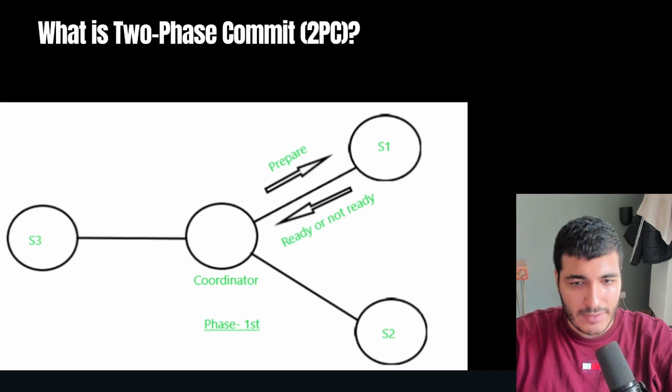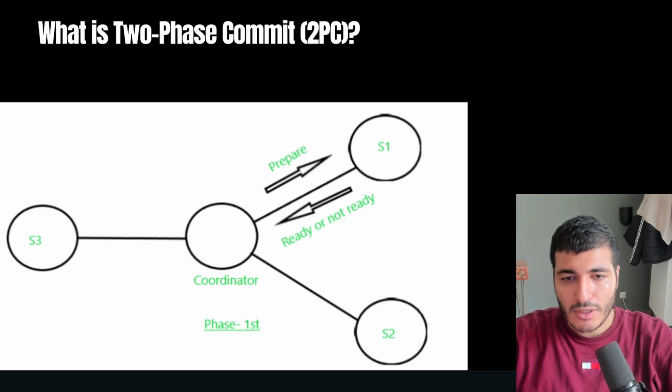Okay, so what is 2PC? A two-phase commit is a distributed algorithm that allows a group of participants, databases or services, to collectively agree to commit or abort a transaction, orchestrated by a central entity called the Transaction Coordinator or Global Transaction Manager.